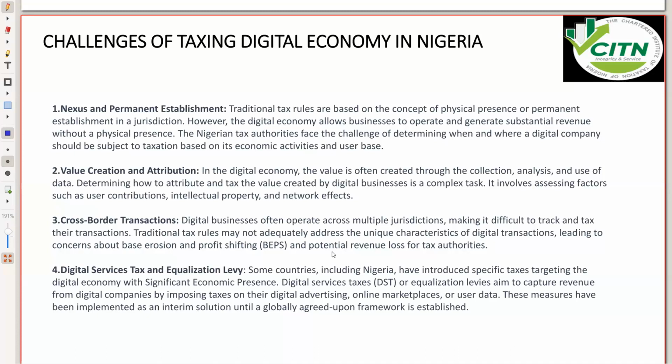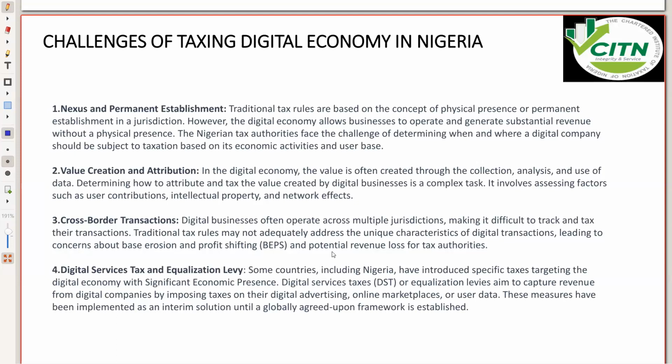So for example, we say you have an office in VI, we can come to your office, assess you, do our review and tax you because you have a permanent residence, what is called nexus. Now, it's a challenge where these e-commerce, these digital companies don't have any form of physical presence. And so the tax authorities in this situation face the challenge of determining when and where a digital company should be subject to taxation based on its economic activities and the user base.